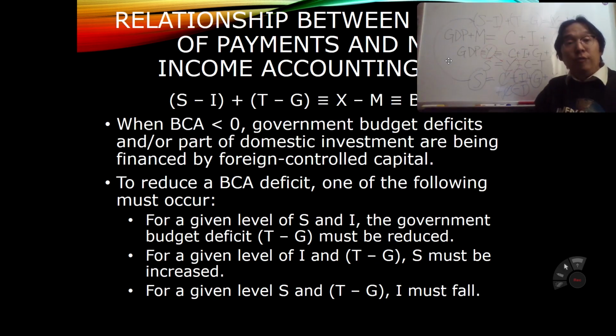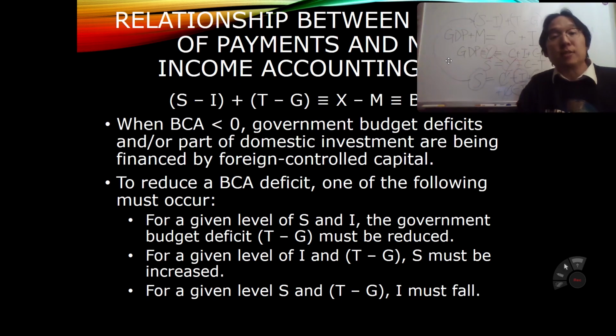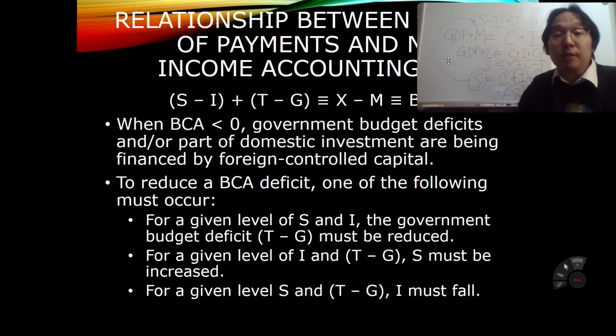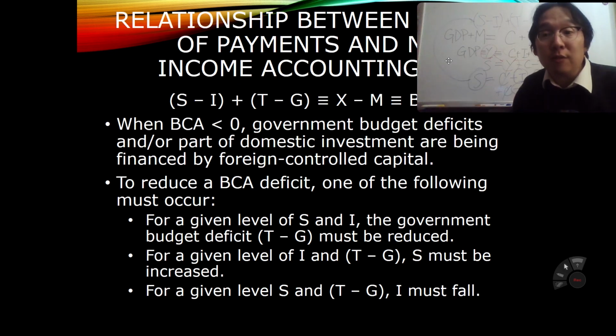And then to reduce balance of current account deficits per se, one of the following must occur. For a given level of savings and investments, the government budget deficit must be reduced. This is what the IMF was enforcing to South Korea and then the troubled countries before.